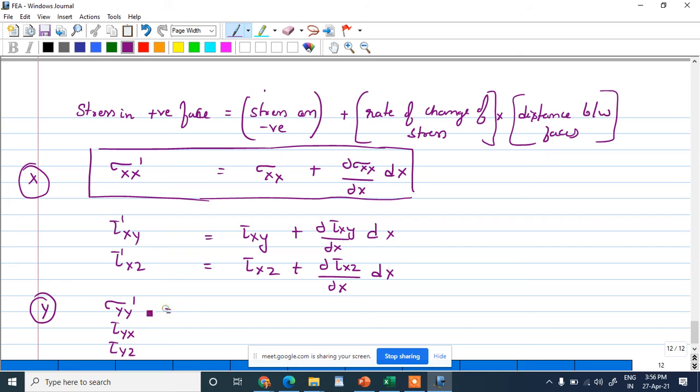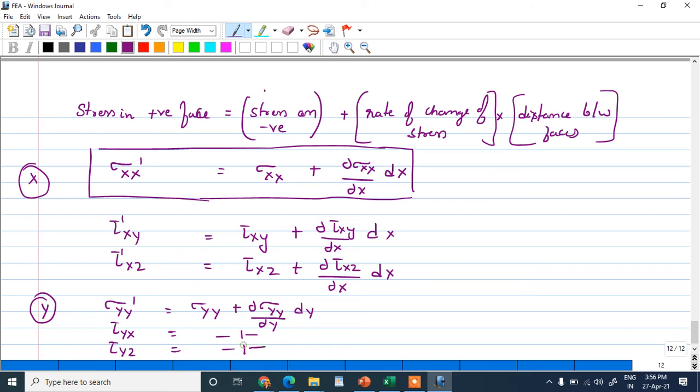And the formula for this is sigma yy plus the partial differentiation of sigma yy by del y into dy, the distance between the faces. The same way we need to calculate for the other two, as well as for the z face.